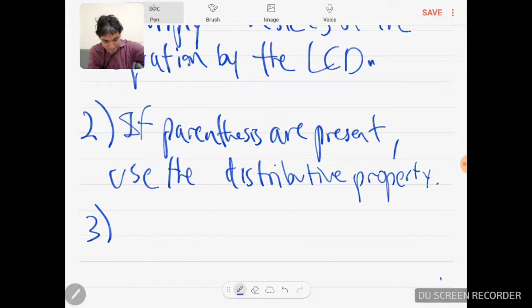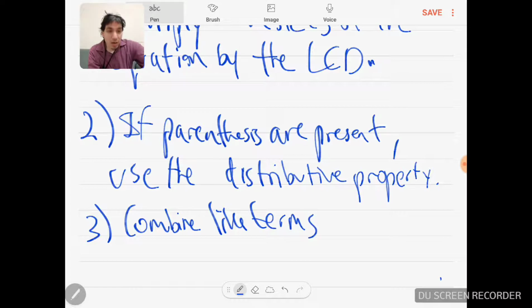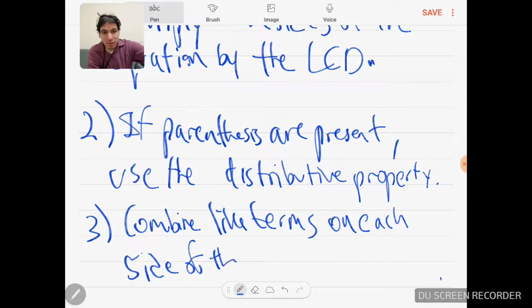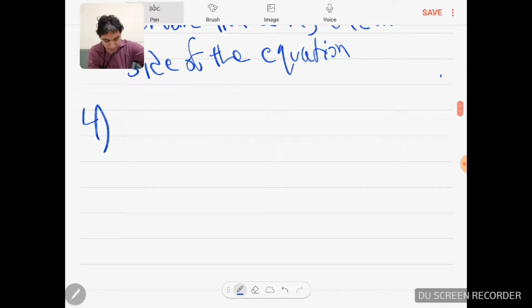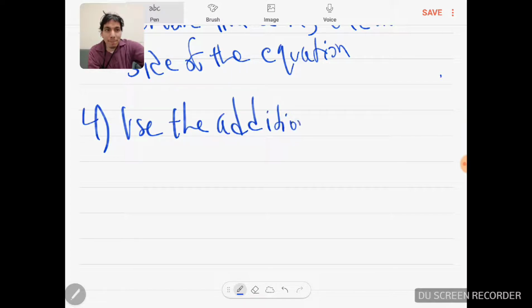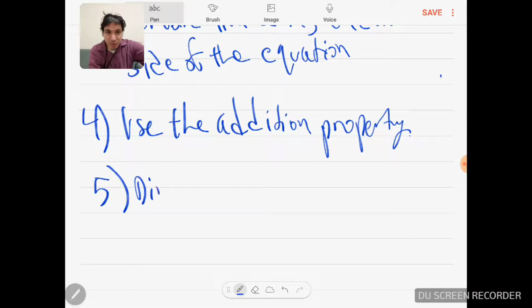Okay, number three, then you combine like terms on each side of the equation. Next, number four, use the addition property. All right, and the fifth item is divide both sides of the equation.